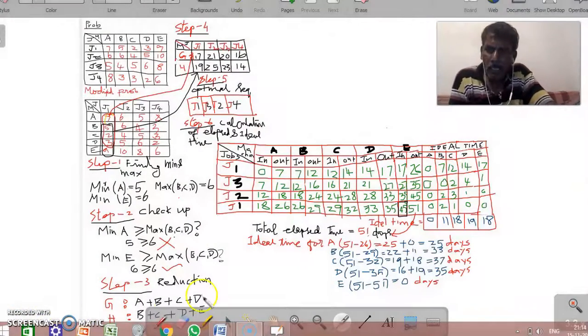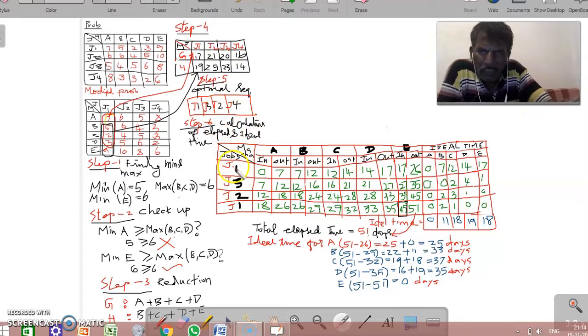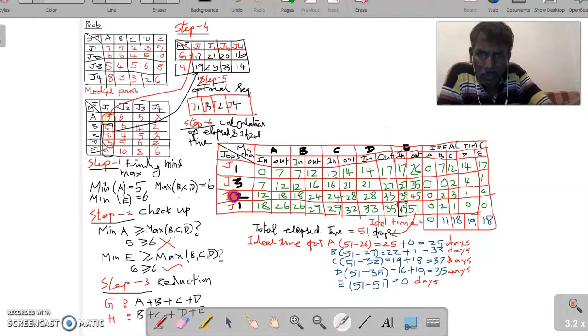In the case of n by 2 matrix, we have done so many problems, and the same way we have to do here also. So that is what you have to understand here. Now the job sequence is J1, J3, J2, J4, right.